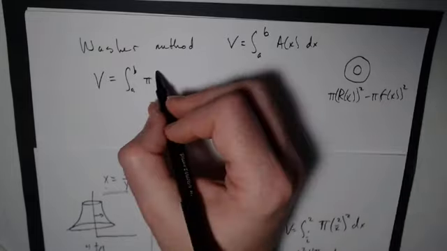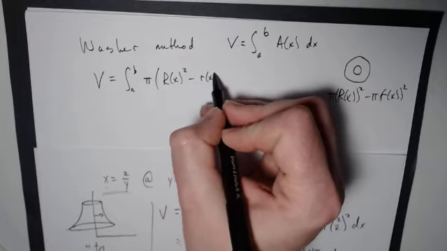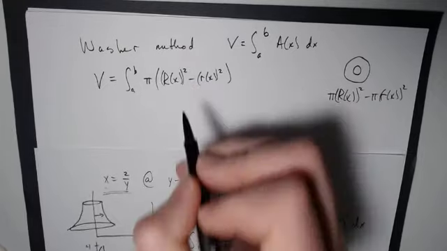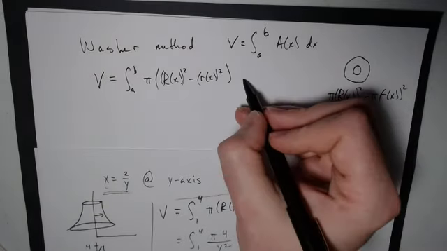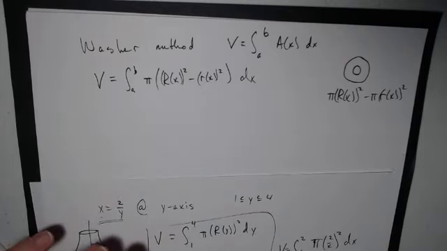And you can factor that out and just get pi times big R of x squared minus little r of x squared dx. So what would that look like?